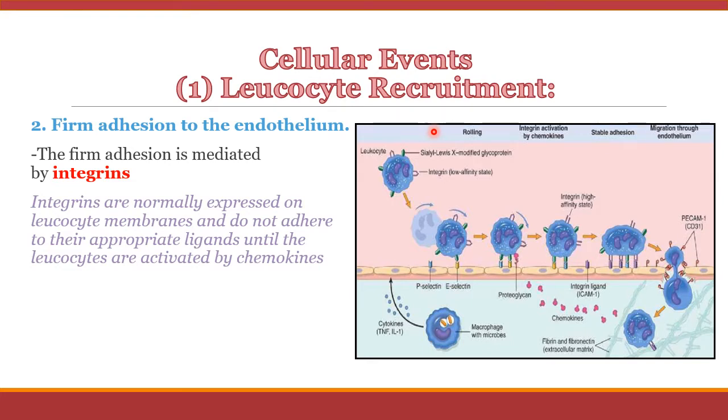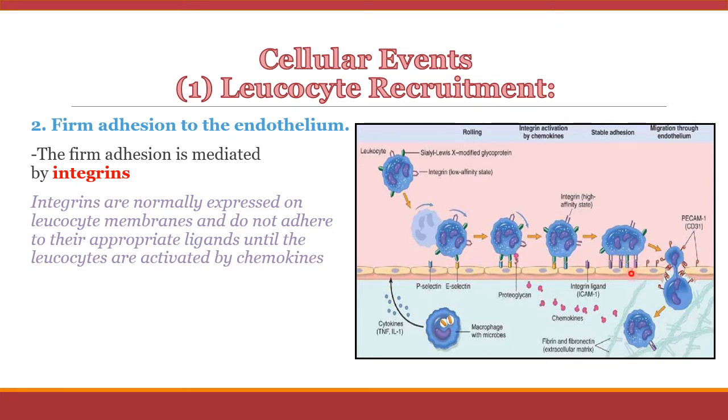Also, under the effect of chemical mediators in the site of inflammation, the endothelial cells are going to express more and more of the ligands for integrin. So this will allow more chances for the firm adhesions between the endothelial cells and the neutrophils.